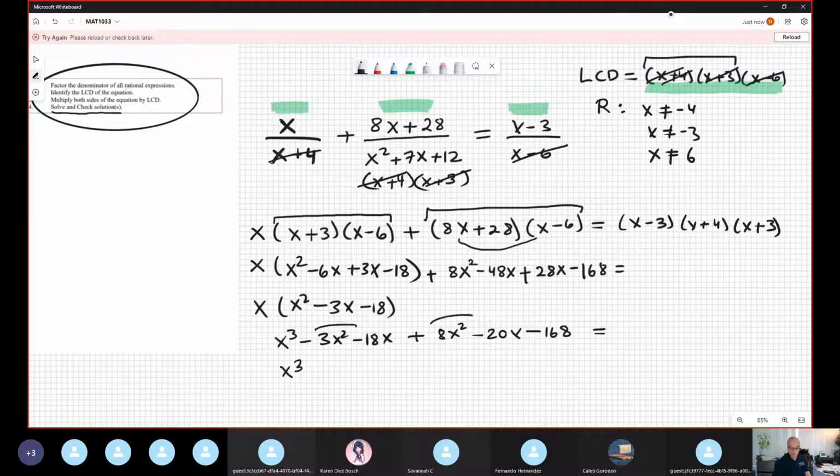Square is this and this, plus this, and this is 38 minus 38x minus 168. Okay, not bad. You can do simultaneous left and right, either way.